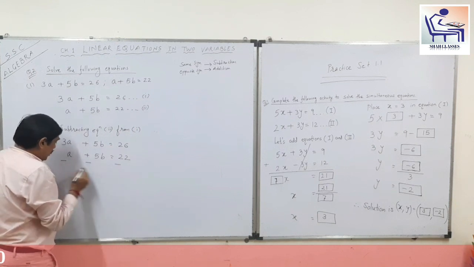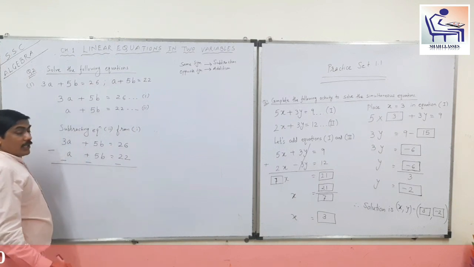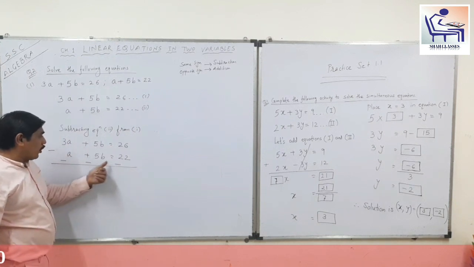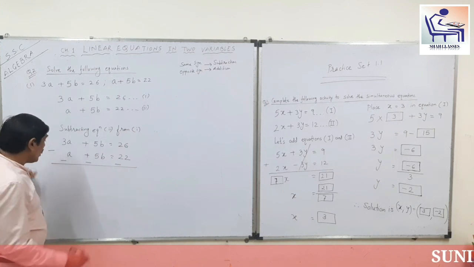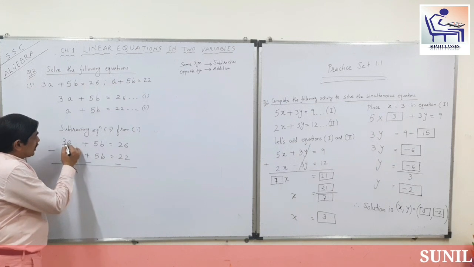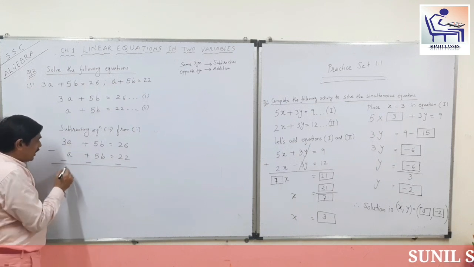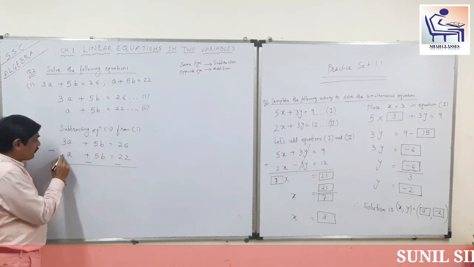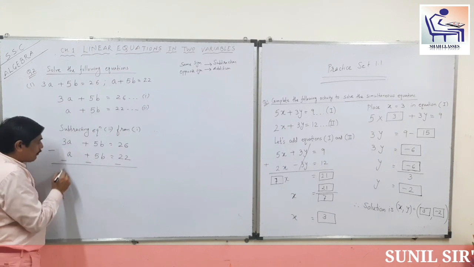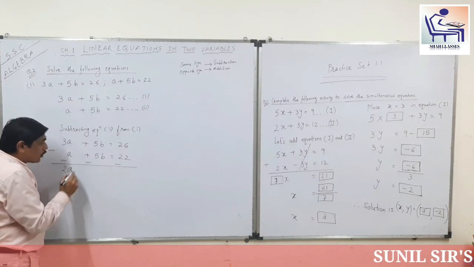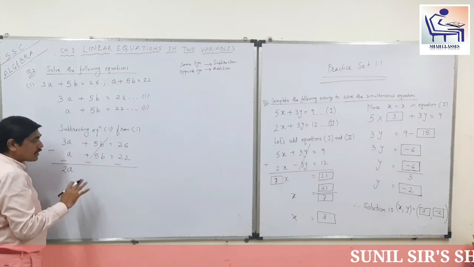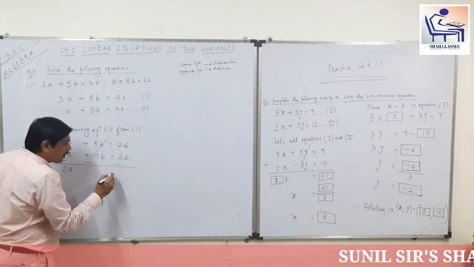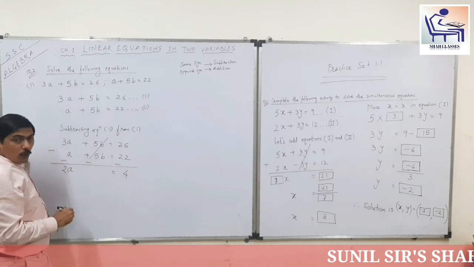Always remember, in a subtraction, we will change the sign of each term of the second equation. Now, 3a minus 1a. If nothing is written, we will assume 1. So 3a minus 1a is 2a, and 5b minus 5b cancels. Now 26 minus 22 is equal to 4.